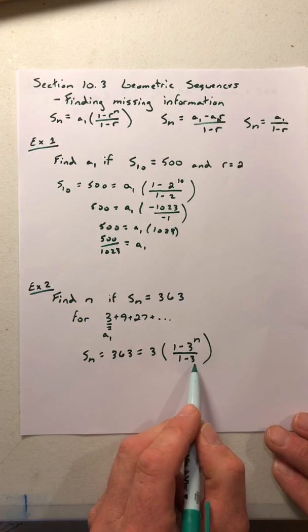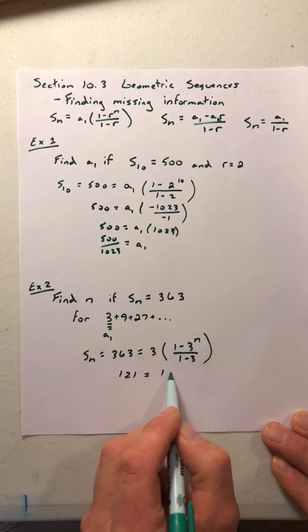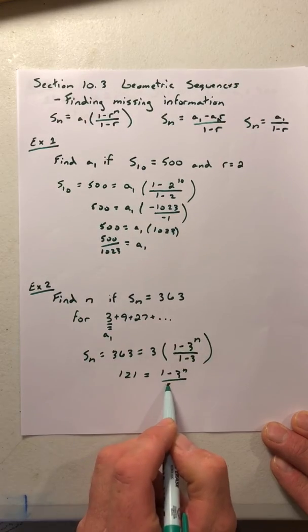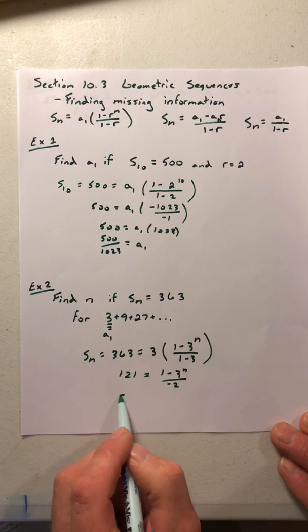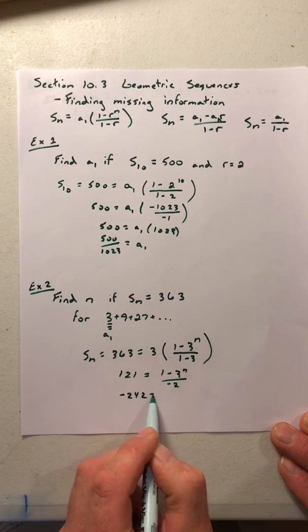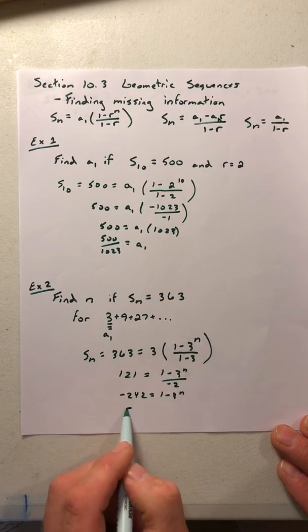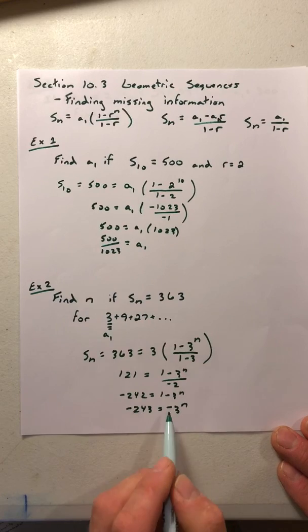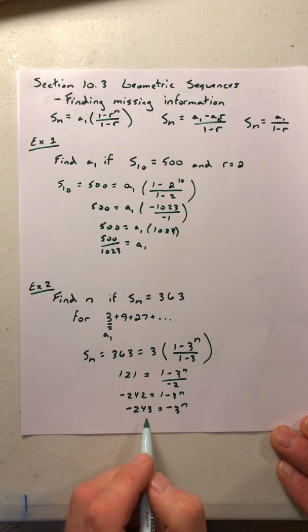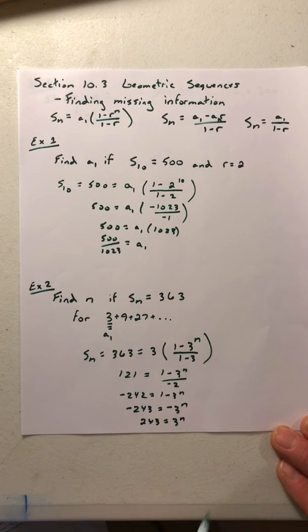I divide both sides by 3, so I get 121 equals 1 minus 3 to the n over negative 2. I multiply my negative 2 over. That gives me negative 242 equals 1 minus 3 to the n. Subtracting 1, I get negative 243 equals negative 3 to the n. Divide by negative, I get 243 equals 3 to the n.